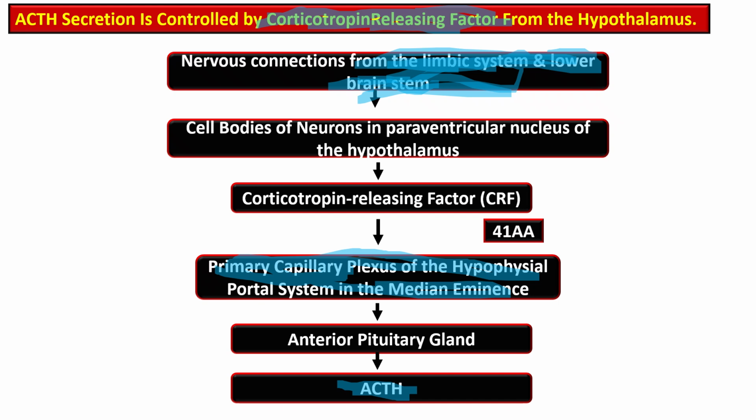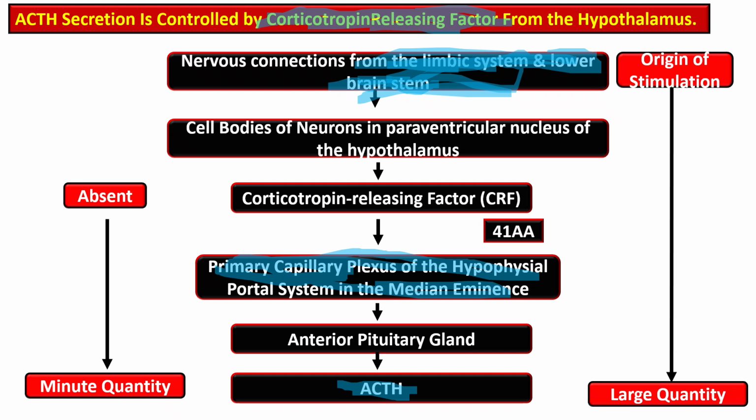So without CRF, the anterior pituitary can secrete only a minimal amount of adrenocorticotropic hormone. When the stimulation is there, it expresses a large quantity of adrenocorticotropic hormone.